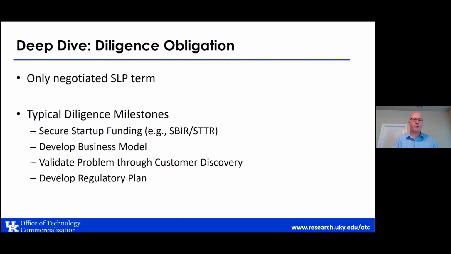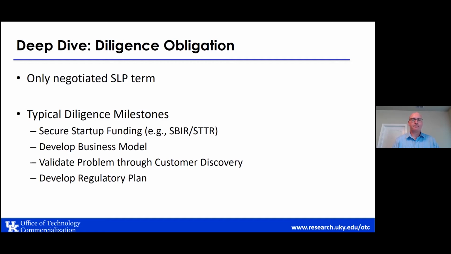So we want to work with you in a very close partnership to help you execute on those milestones and come up with things you should be working on that will position the company for long-term success.